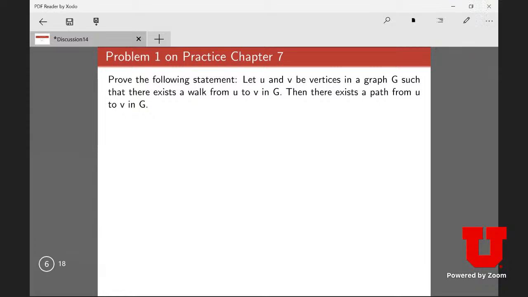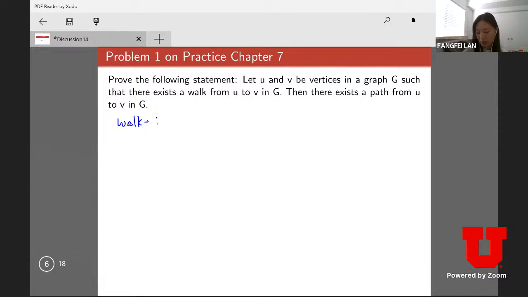Does it have any restrictions? Not really, right? A walk is probably the most general. So what is the definition? A list of alternating vertices and edges.